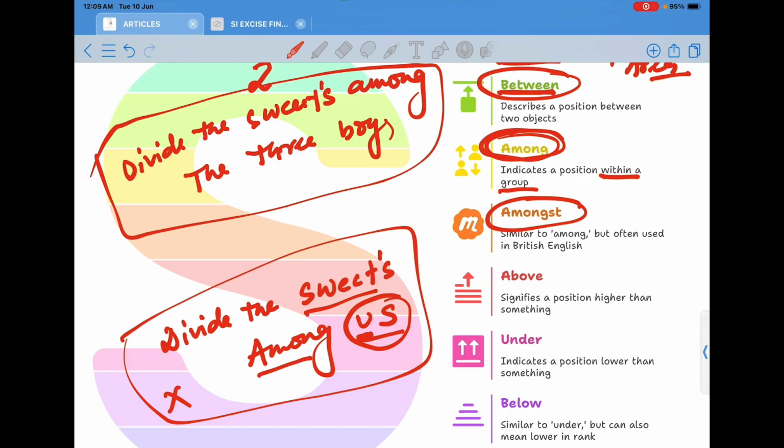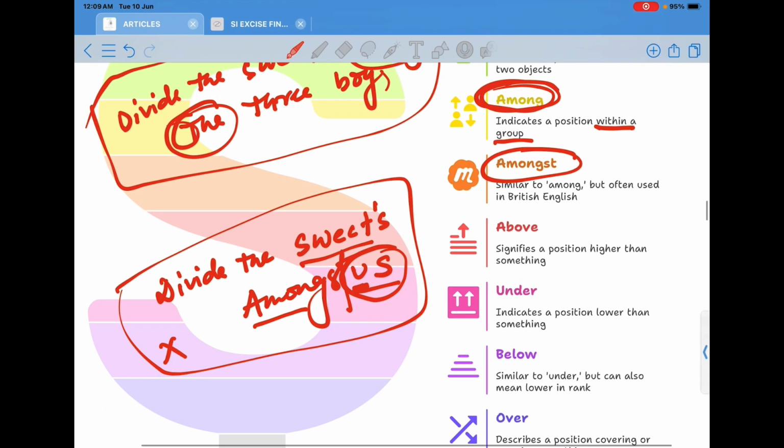So before this vowel, you will use amongst. Here the T is a consonant, so here you will use among. You should know this, because in the examination, the examiner asks questions from these types of exceptions.